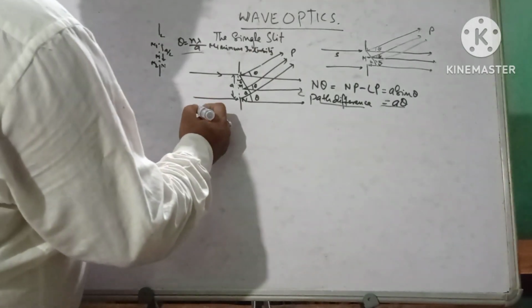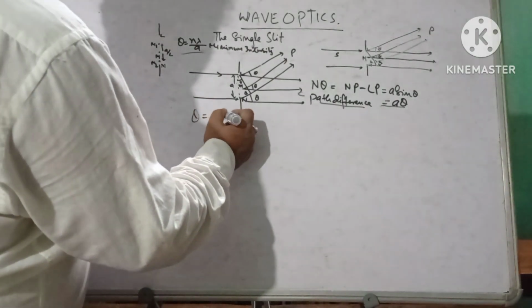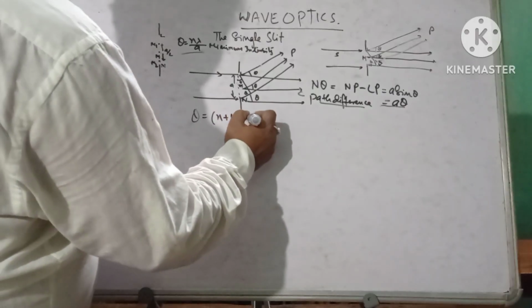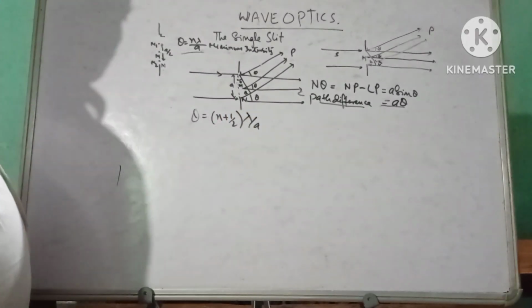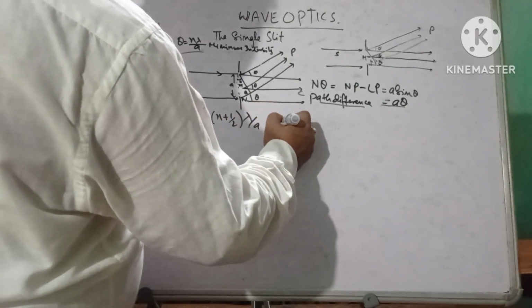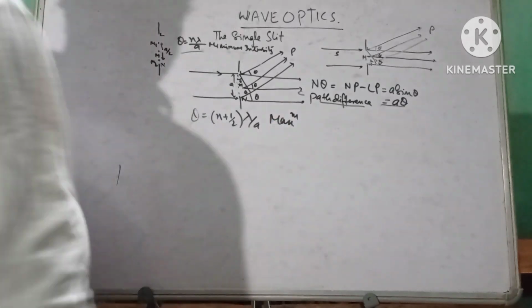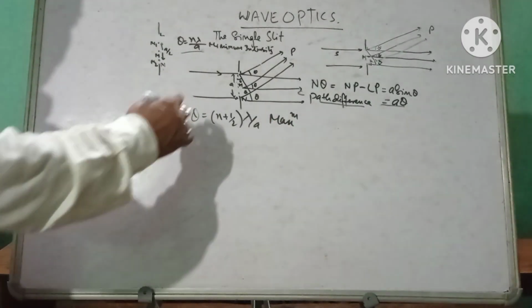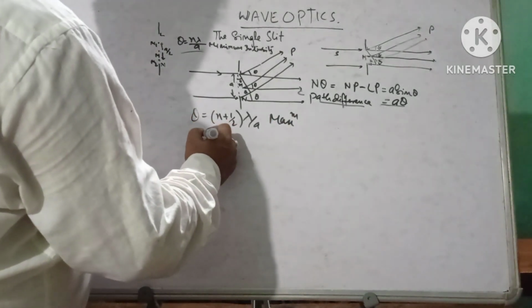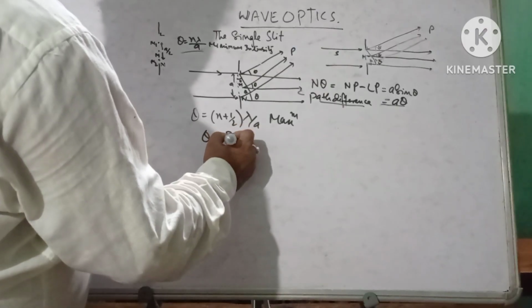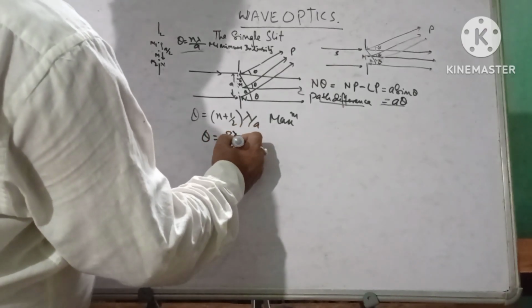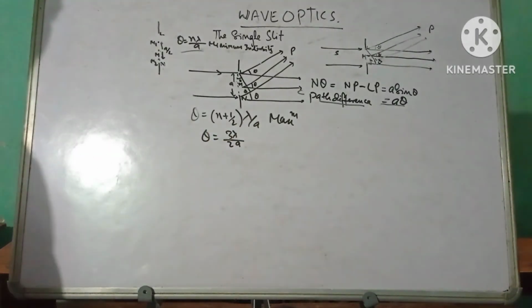We know that theta is equal to n plus 1 by 2 lambda by a, where the intensity is maximum. So for n equal to 1, theta will be 3 by 2 lambda by a.